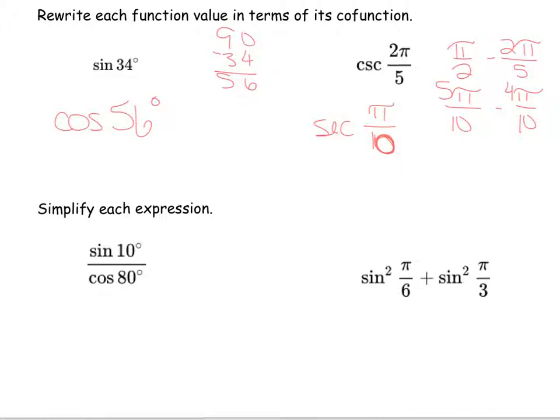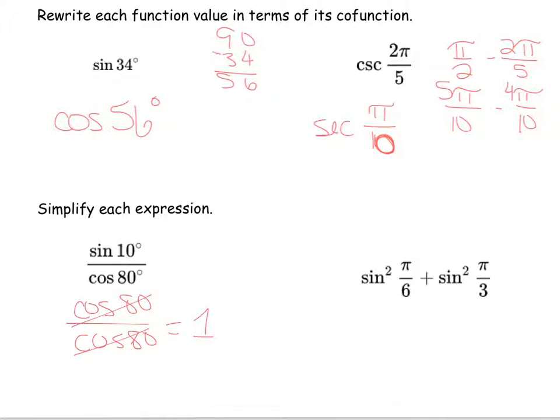The sine of 10 degrees over the cosine of 80. They don't want us to use a calculator here. What they want us to realize is 80 plus 10 is 90. So these are complementary angles. So the sine of 10 is actually the same thing as the cosine of 80. And the cosine of 80 over the cosine of 80 is 1.